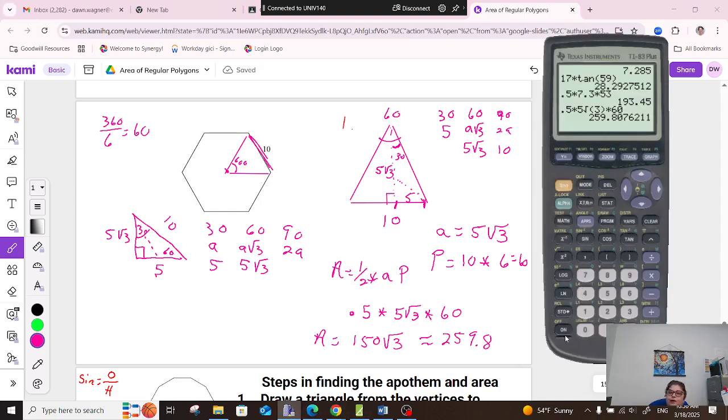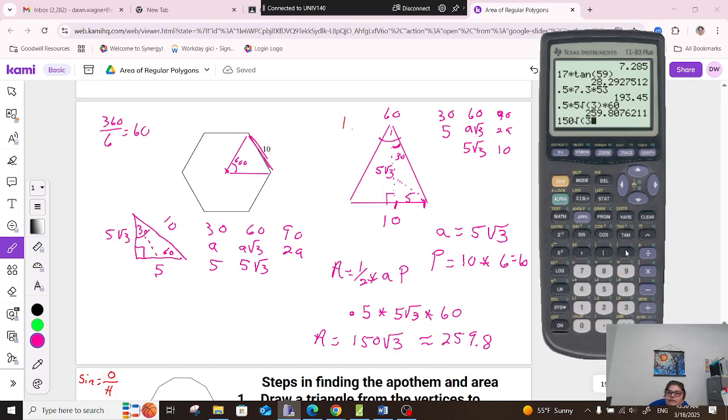And it's 150 square root 3. I'm just making sure all my math was correct. Yes, see? Same thing.